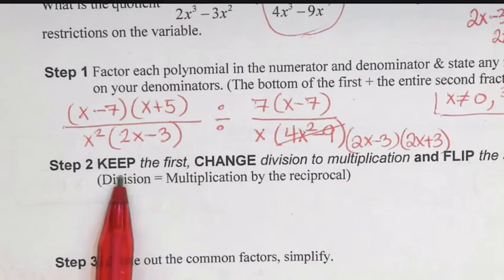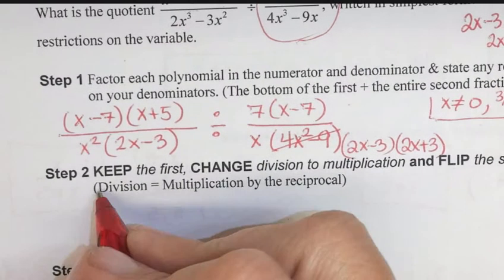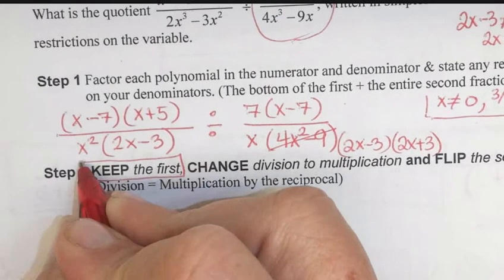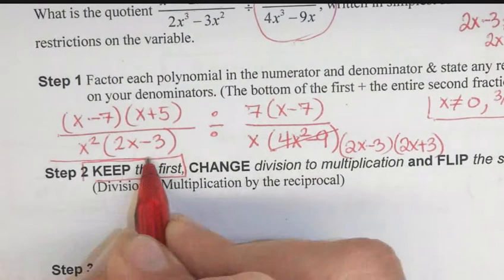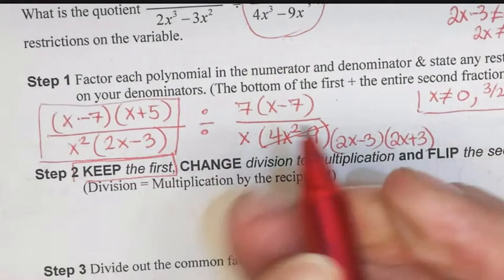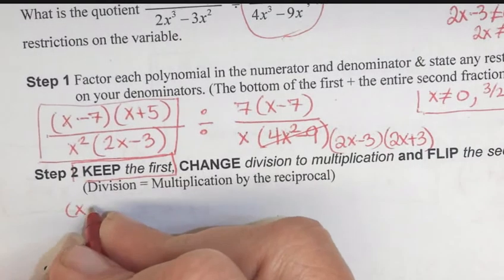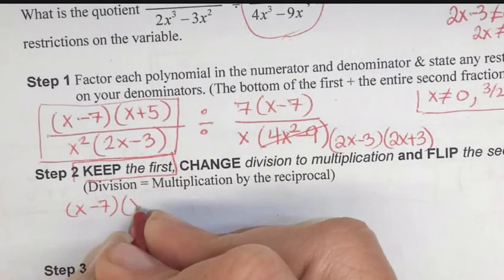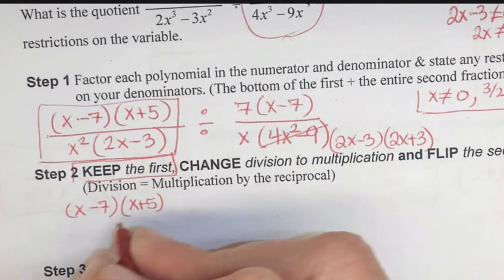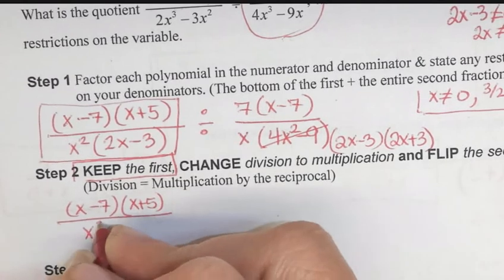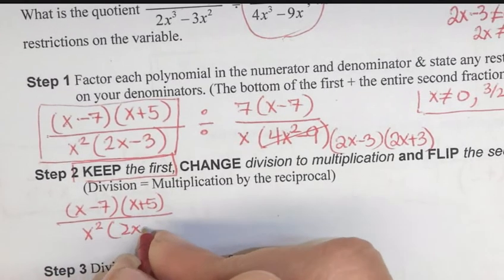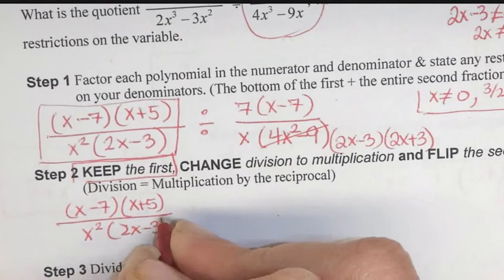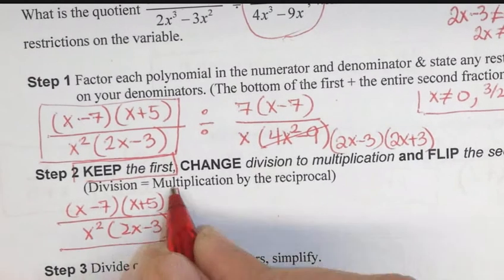Keep the first. So when I say keep the first, I'm talking about this whole first fraction in factored form. Rewrite it. Take the time to write each line. That's my first step.